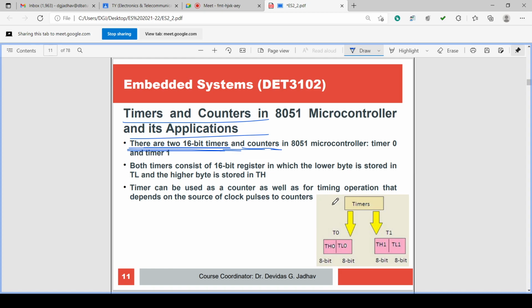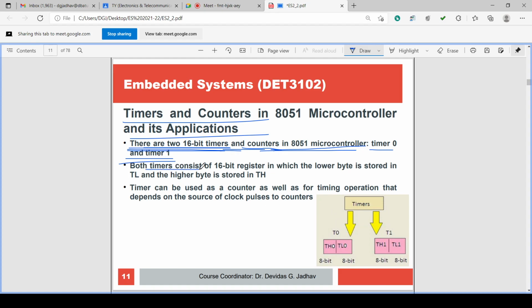There are two 16-bit timer counters in the 8051 microcontroller, named timer 0 and timer 1, T0 and T1.